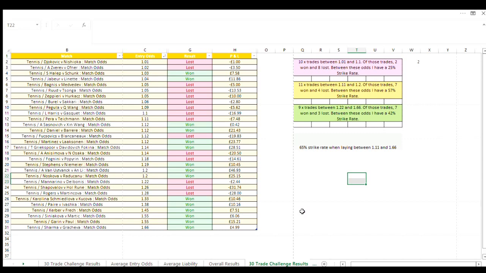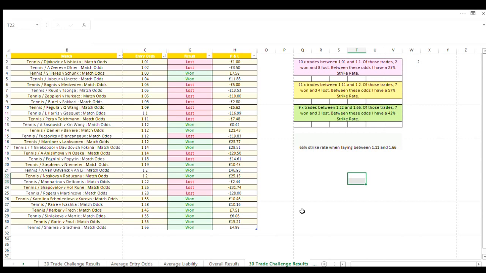But until you start to record your results, until you give your strategy a period of time to test, I don't think you'll be able to move forward. I say that because that's what happened to me. I just kept doing the same thing over and over again, and wasn't able to understand why until I sat down, recorded everything, and then looked back at it afterwards and worked out what was going on.